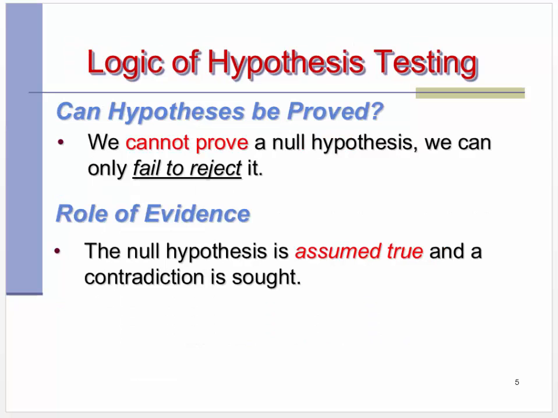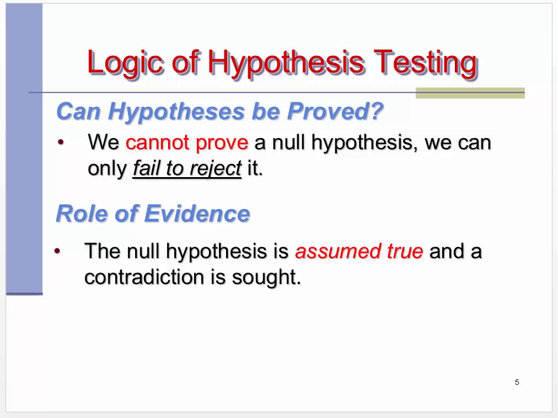Can the hypothesis be proved? No, we cannot prove a null hypothesis. We can only fail to reject it. This is kind of like our criminal justice system. We can never really prove someone is innocent. We can only fail to say he is guilty.